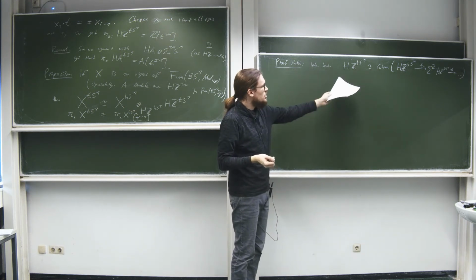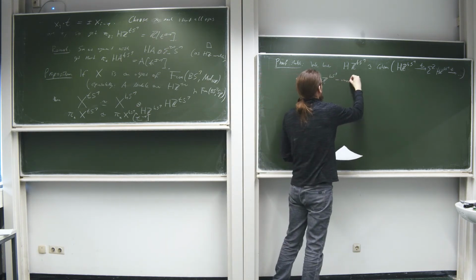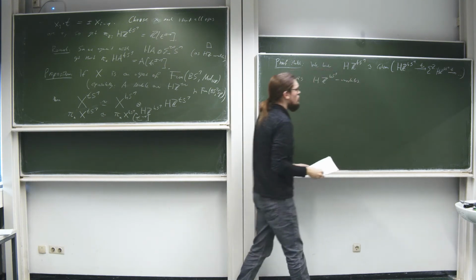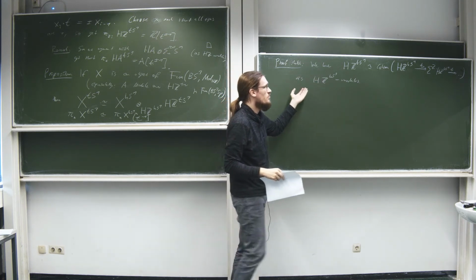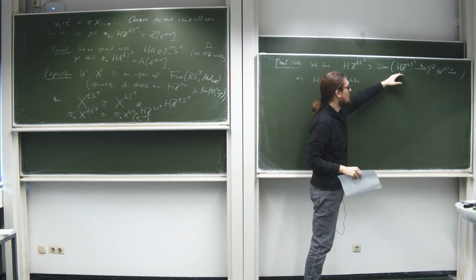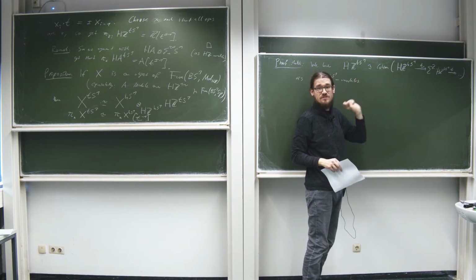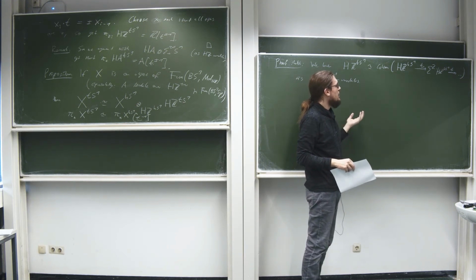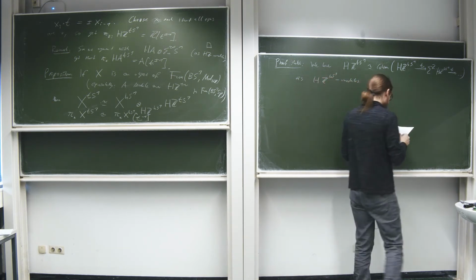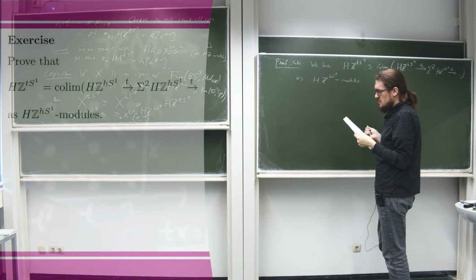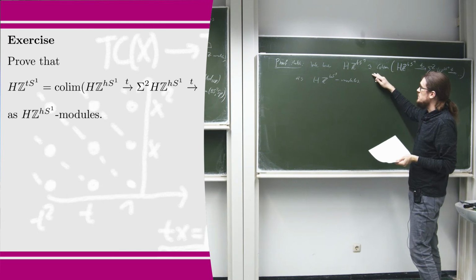And this is an expression as HC HS1 modules. One way to see this is you simply write down a map, multiplication with suitable negative powers of T, and then you just check that it's an equivalence. So maybe I'll pose that as another exercise to check this, to be sure.